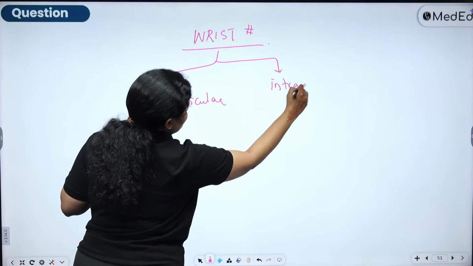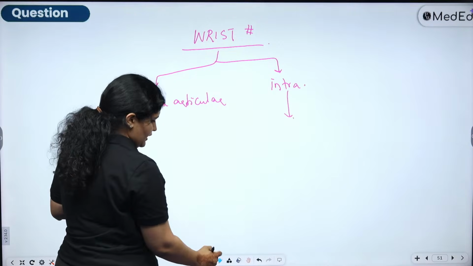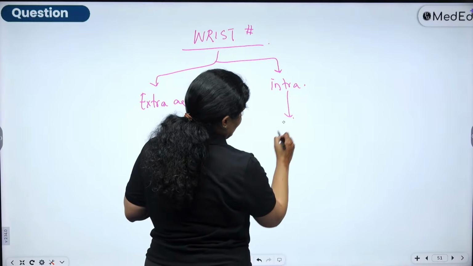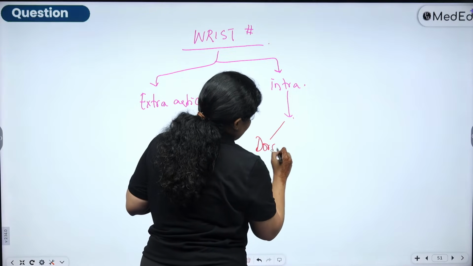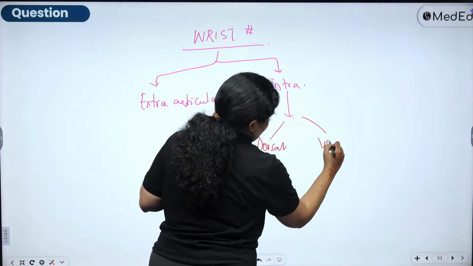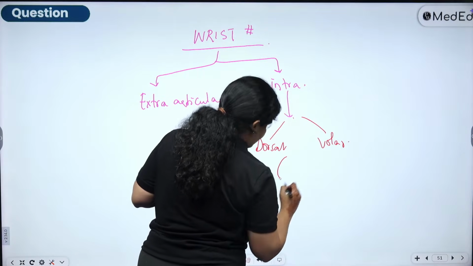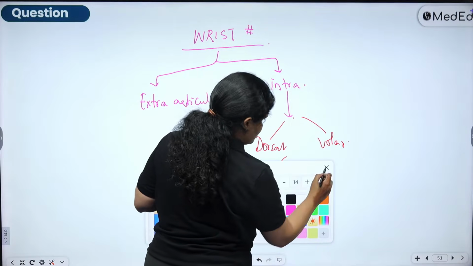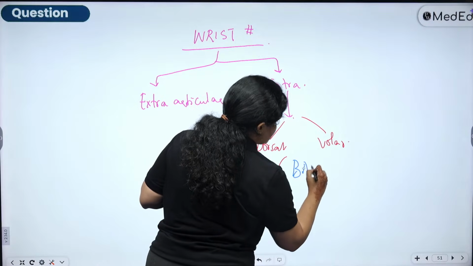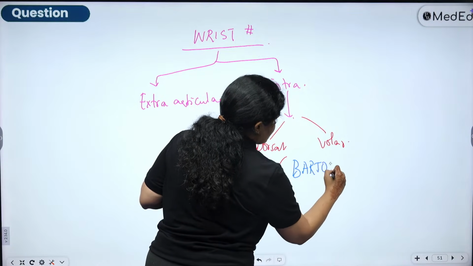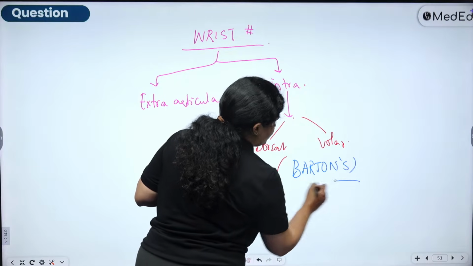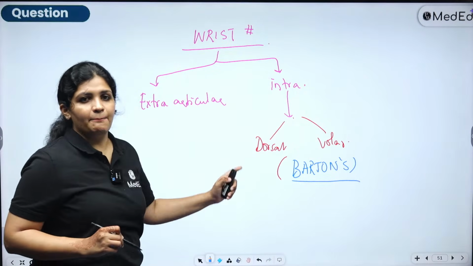If it is an intra-articular fracture, there are again two types, dorsal and volar, but the name given to this intra-articular fracture is Barton's fracture. Whenever there is an intra-articular component, you name it Barton's fracture.